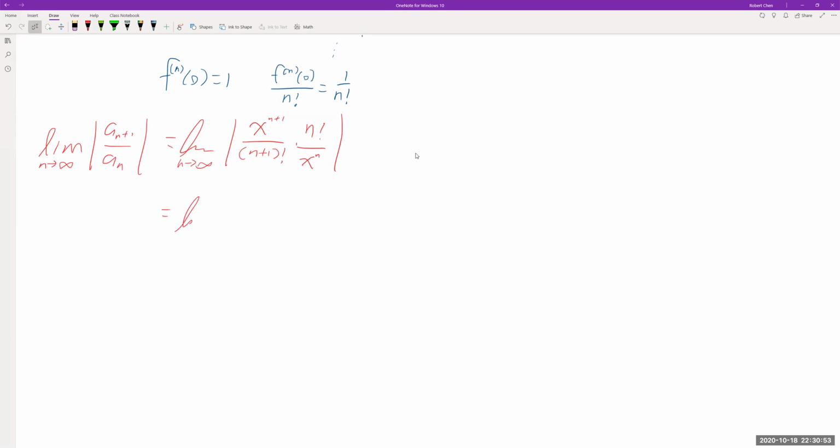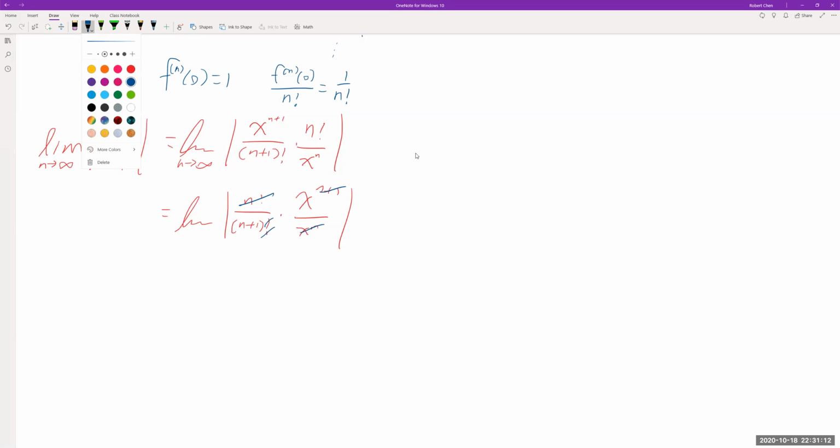Which is n factorial over n plus 1 factorial, times x to the n plus 1 over x to the n. Let's clear out a few things: we have n plus 1 left in the denominator, and an x left in the numerator.